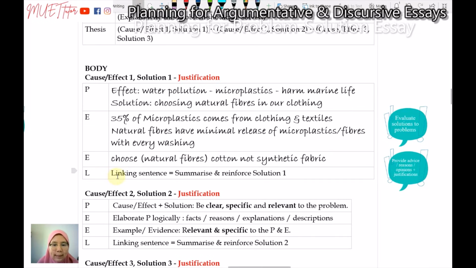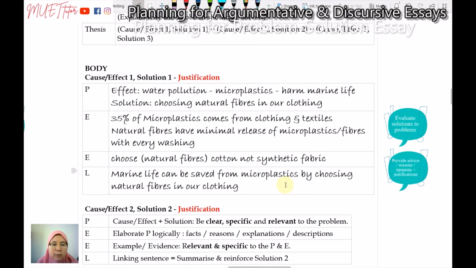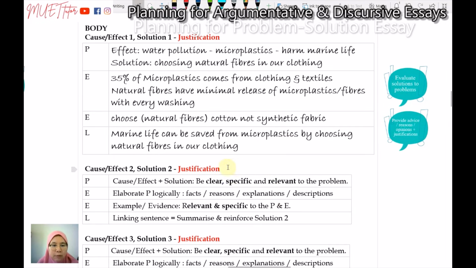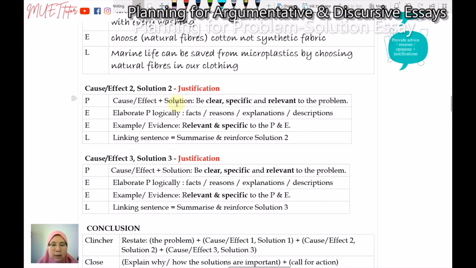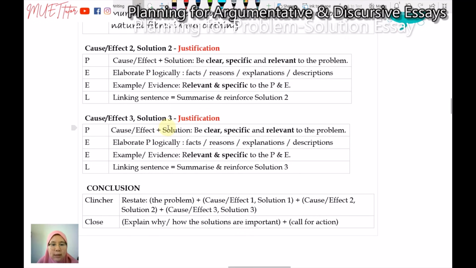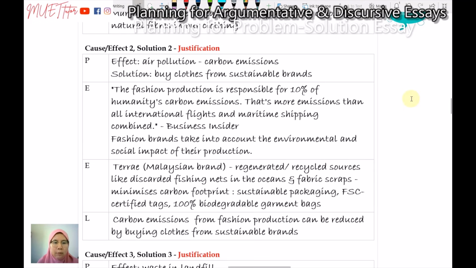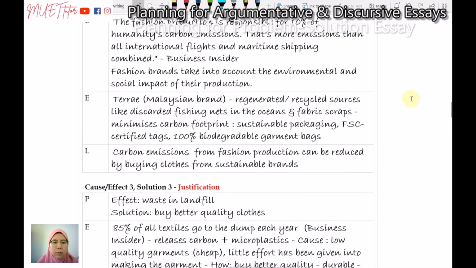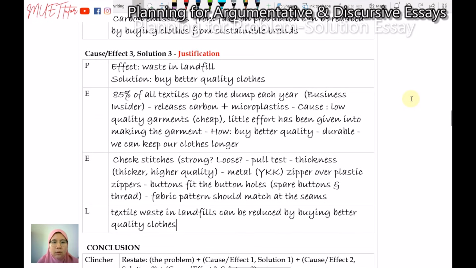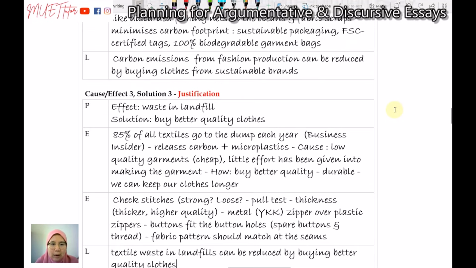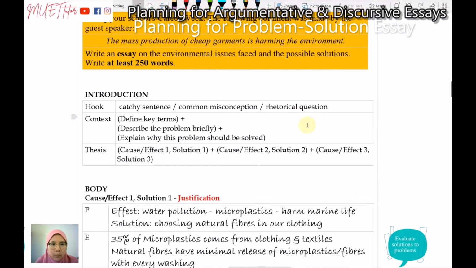And then for linking sentence, you can rephrase the P. Then you can repeat the same processes for solutions 2 and solution 3. We have solution 2 and solution 3.